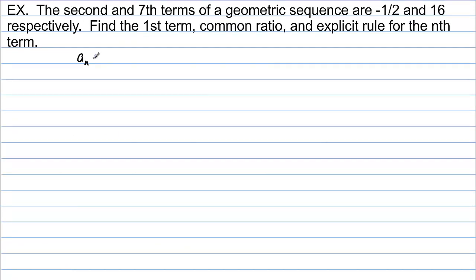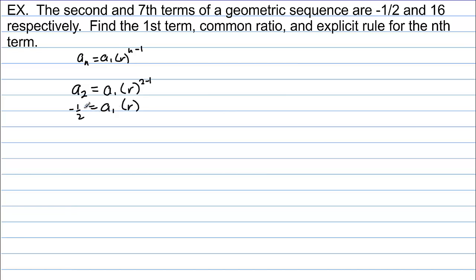A sub n for a geometric sequence is a sub 1 times r to the n minus 1. So we can write a sub 2 equals a sub 1 times r to the 2 minus 1. But we know what a sub 2 is. It's negative 1/2. We don't know what a sub 1 is yet, and it's just going to be times r.